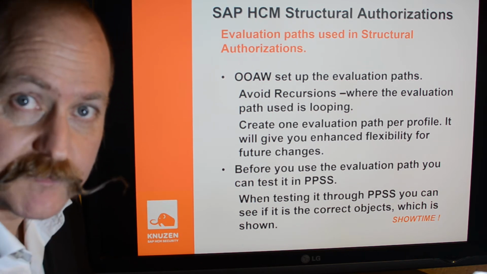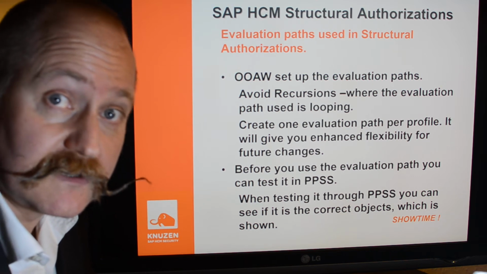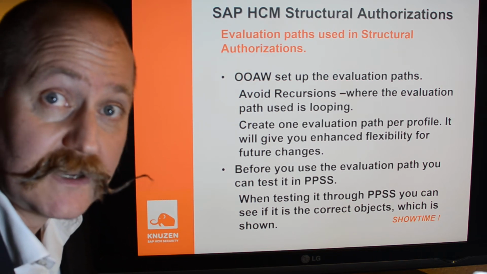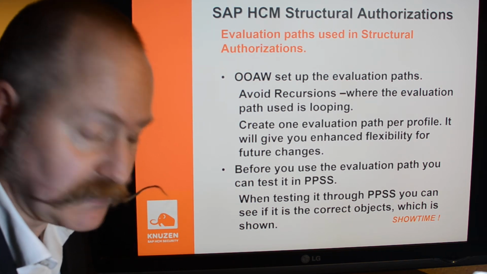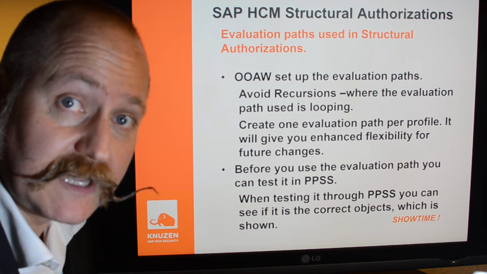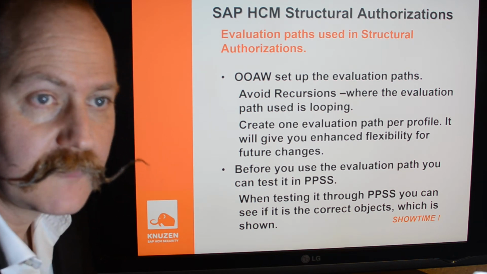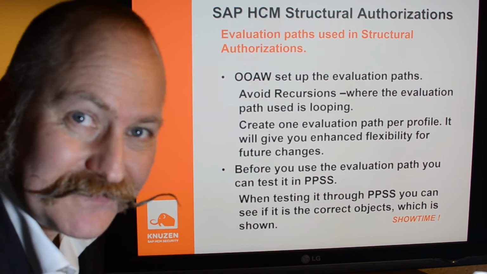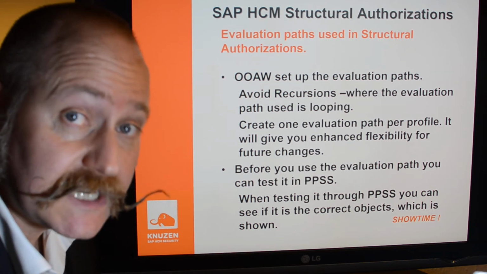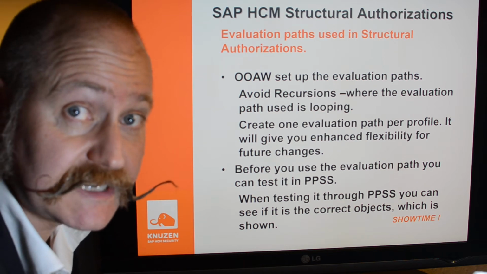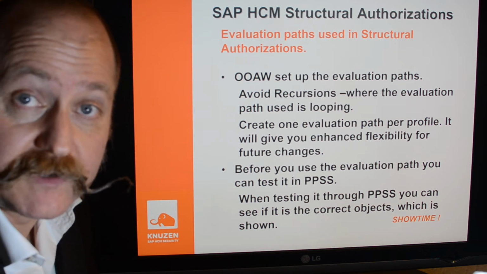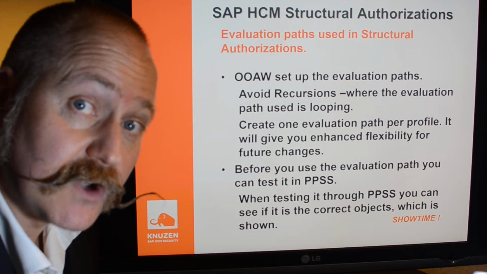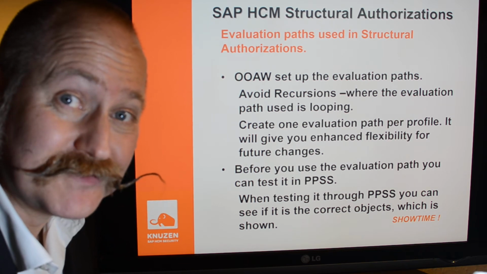It makes it transparent. It gives you enhanced flexibility for maintaining specific structural profiles without having an impact on others. Then before you use those evaluation paths for your structural profiles, you can test them in a transaction called PPSS. So you can actually see if they are granting access to the objects you want them to grant access to.